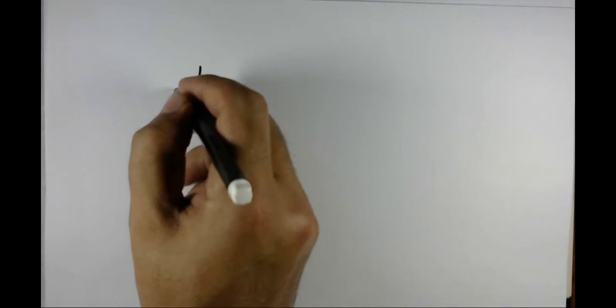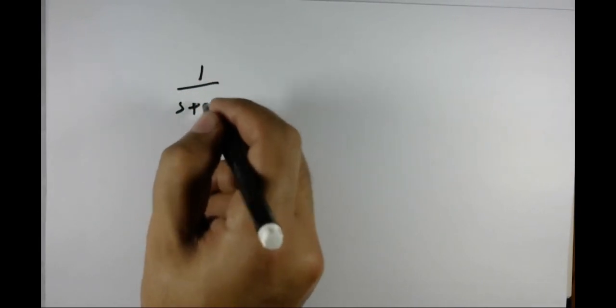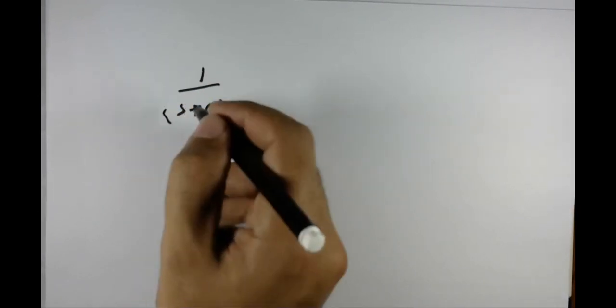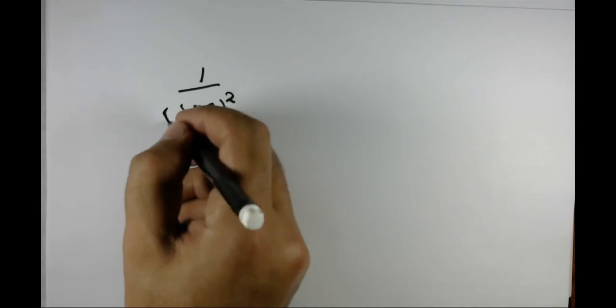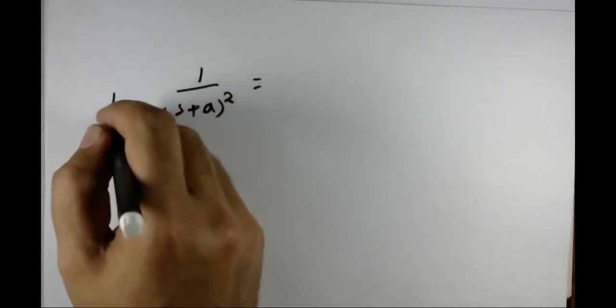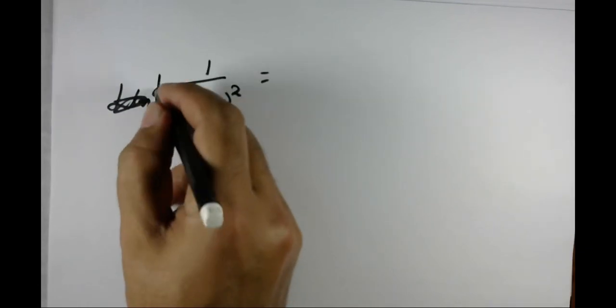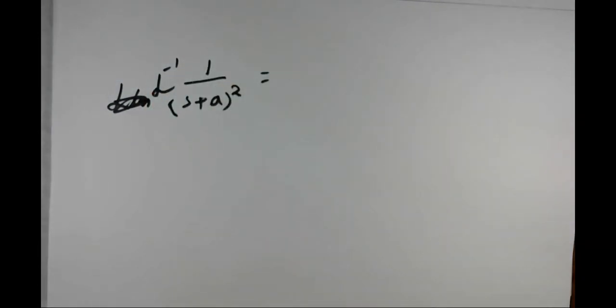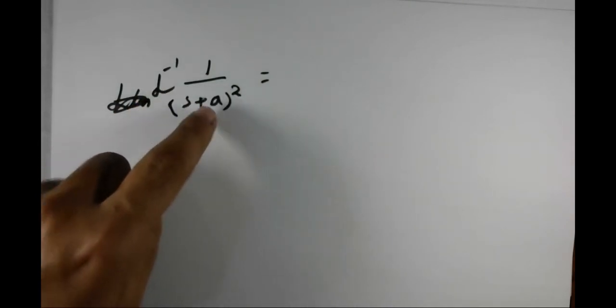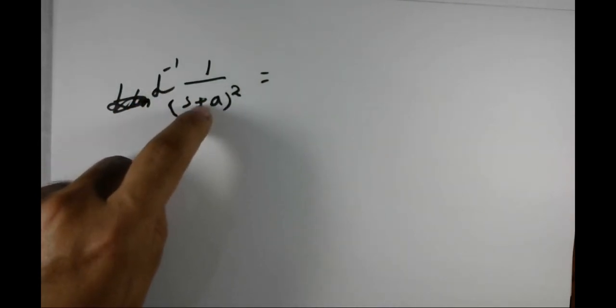There are different kinds of transfer functions. That was for a simple pole. There could be a transfer function, say, of this form, s minus a whole square. How will you find the inverse Laplace of this? For finding the inverse Laplace, you need to find the partial fraction of this first.